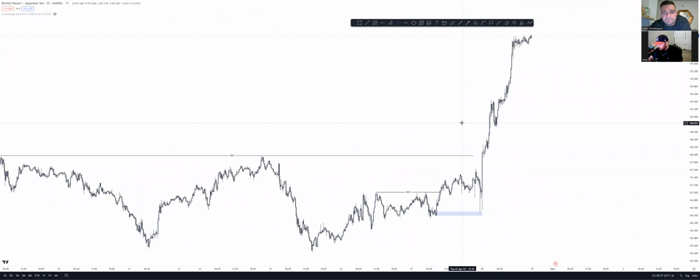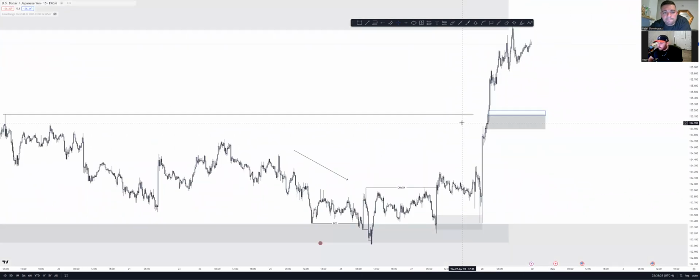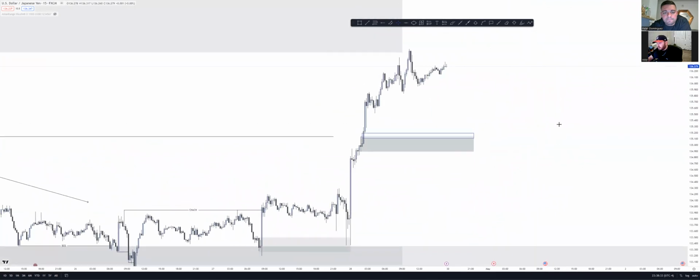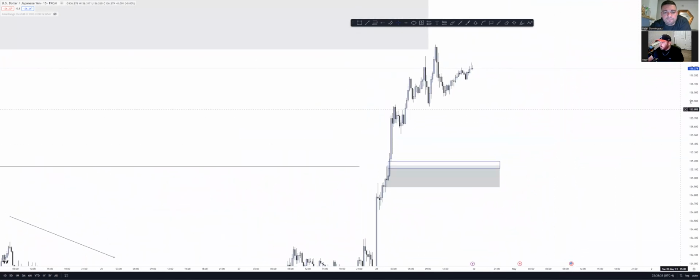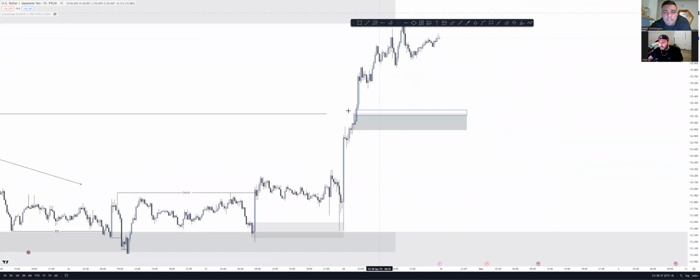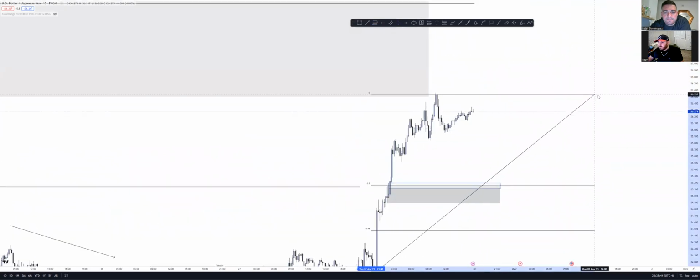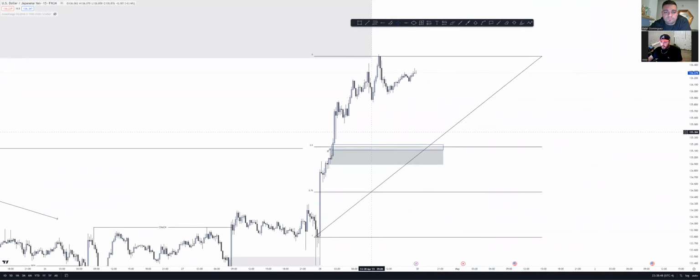Yeah, so from my understanding of discount and premium, when price has this push, we want liquidity to build up.